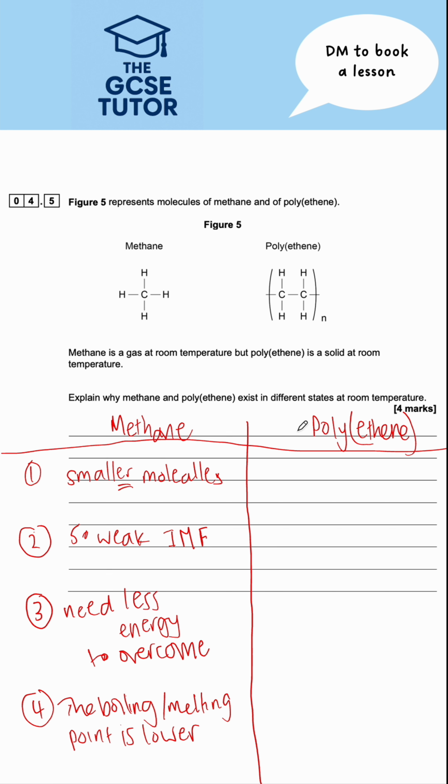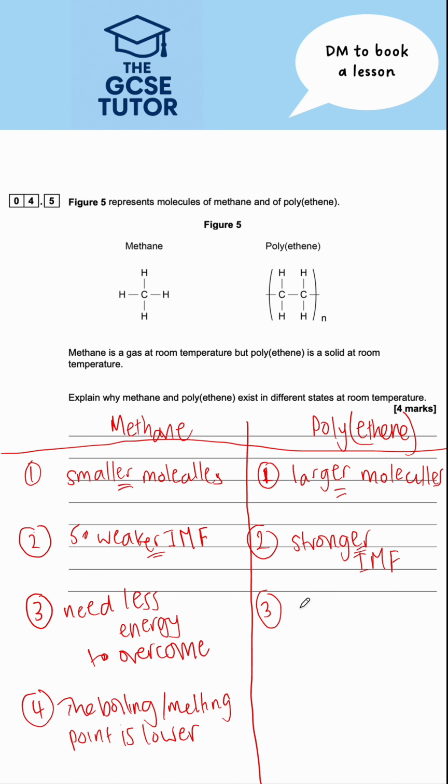If we were to answer it from the side of polyethylene, the first mark comes from saying that polyethylene has much larger molecules. Second mark, so has stronger intermolecular forces. Here it's supposed to be weaker. Again, comparative language.